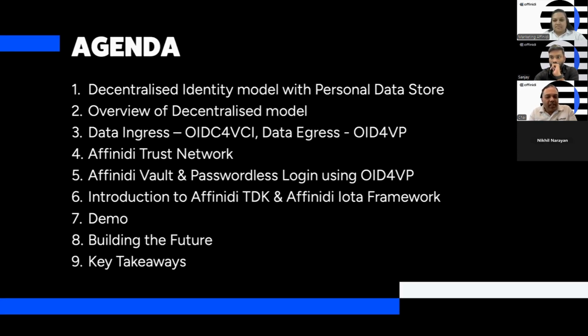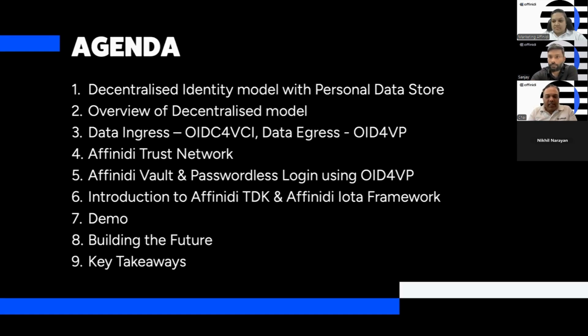We'll introduce Affinity's Trust Development Kit and something that is very new for this particular webinar, Affinity's IOTA framework. We're excited to talk about it. Then finally, we'll show a demo of how all of this works in a real world application. And before wrapping up this session, we'll discuss the big picture and the future we are building at Affinity.